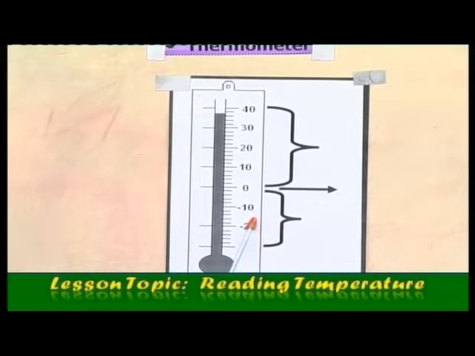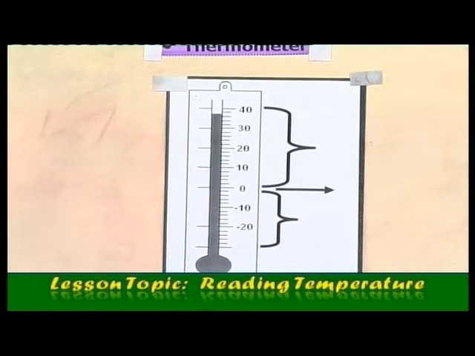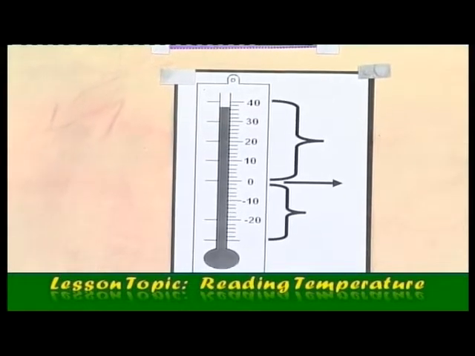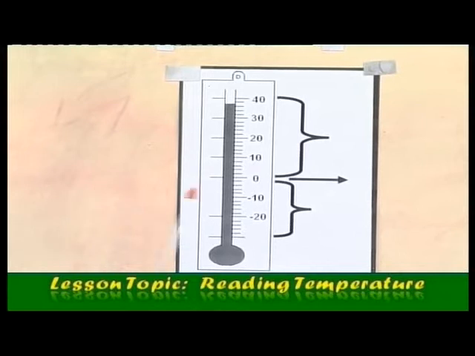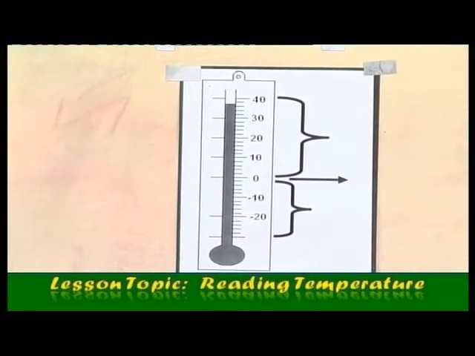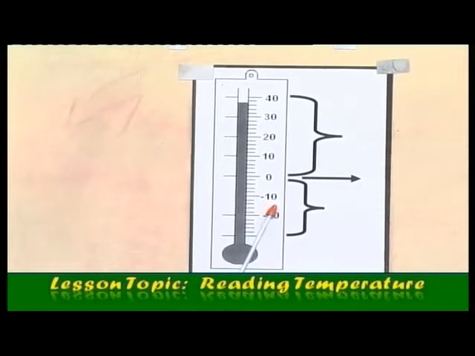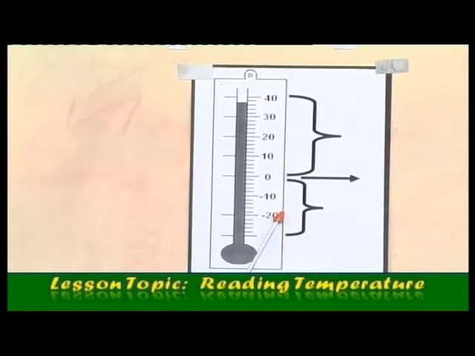It starts with 0 and a minus sign in front of 10. What do we call this type of numbers, with a minus sign in front of the number? If you have come across such numbers, what do we call them?